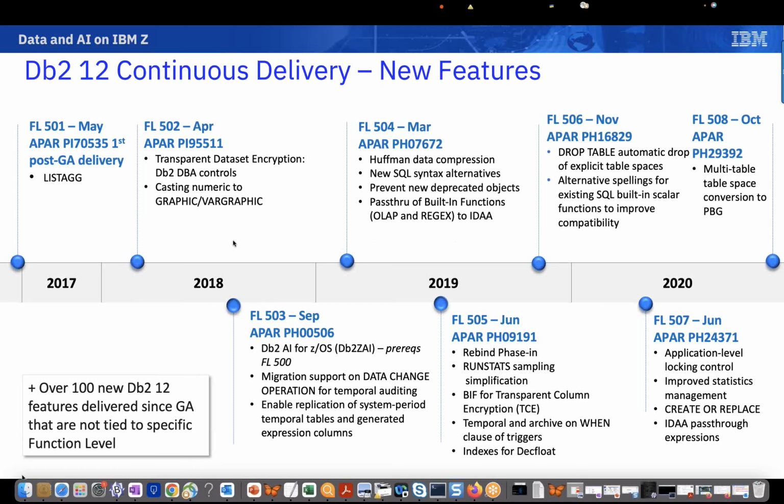But one of the points that I want to drive home is that we do deliver new functionality that is tied to a particular function level, but we also ship an awful lot of things that are not tied to a particular function level. So in the box in the lower left side, we say that there's over 100 new Db2 12 features that were delivered after GA that are not tied to a specific function level.